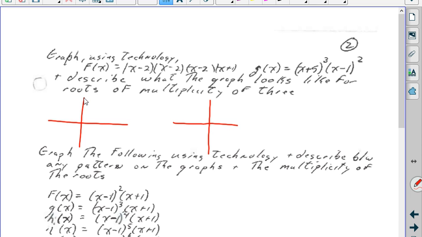Now yours might not be as distinct as what I'm about to draw up here.